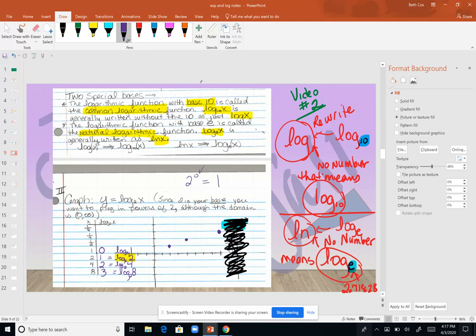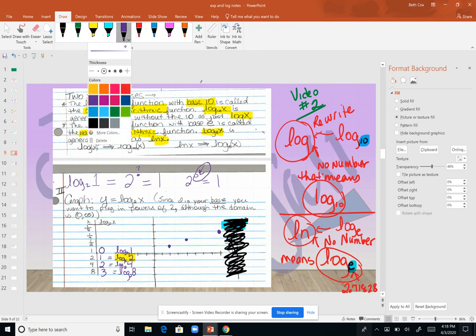So what exponent, 2 to the what, is going to give me 1? That's what it's asking me. 2 to the what gives me 1. What exponent turns 2 into 1? Okay, and the answer is 0. So it's really, really awkward. So then I have the point (1, 0). Stop and think about this for a few minutes if you have to.